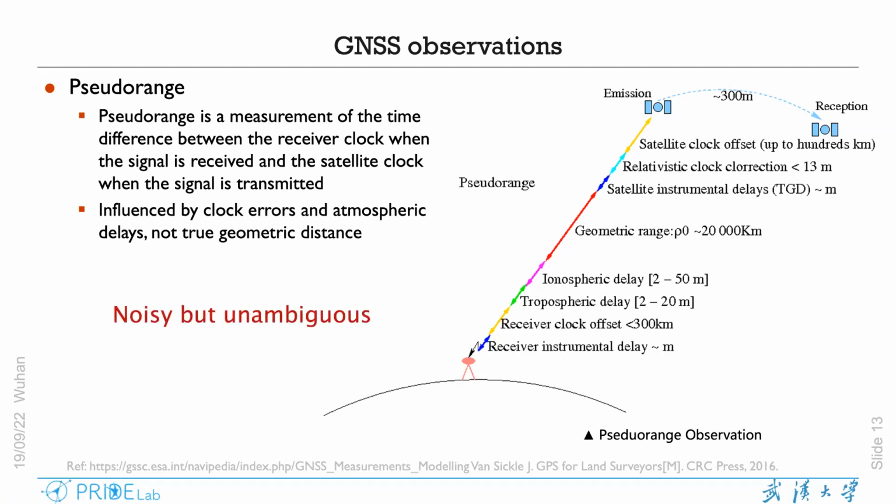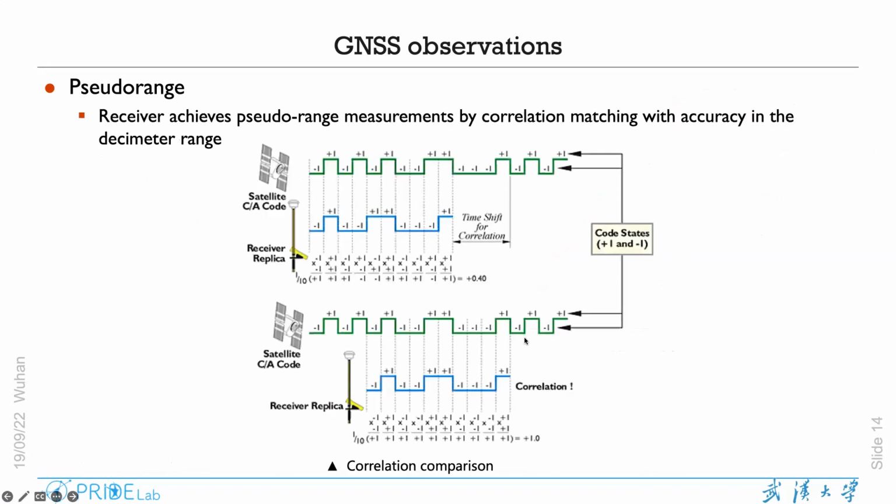So the pseudo range data are noisy, but unambiguous because they describe the general approximate distance between the satellites and the receivers. And this is how the pseudo range data are calculated by the receivers.